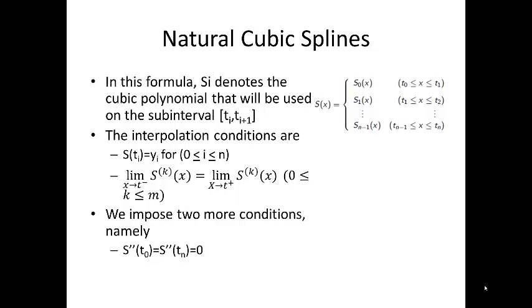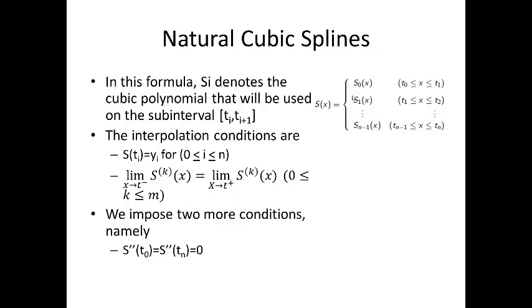And you can see here's the form of the cubic polynomial, the interpolating spline function s, over on the right. The interpolation conditions are s of t sub i is equal to y sub i for i from 0 through n, and basically the left and right limits of the kth derivatives at the knots are going to be equal.